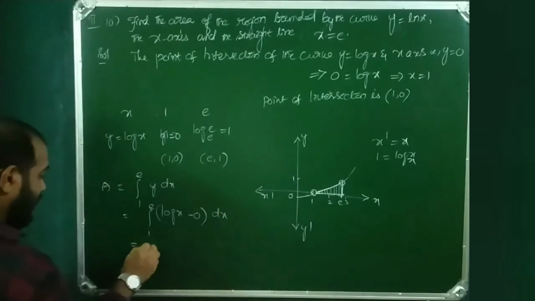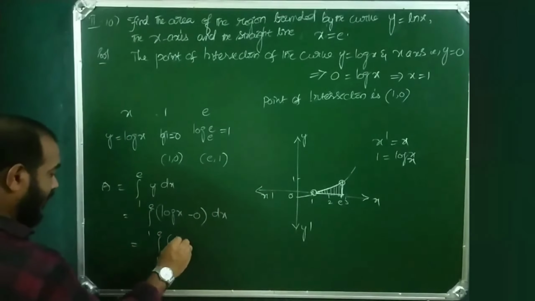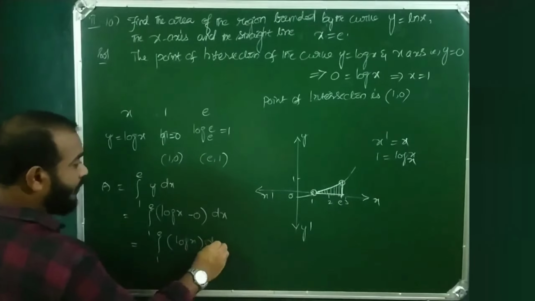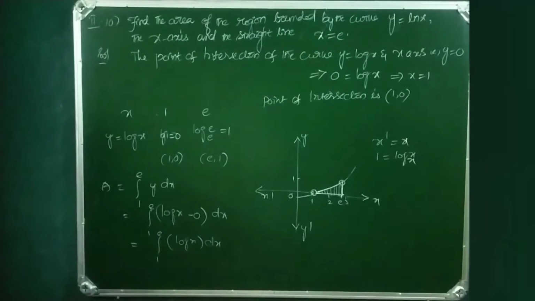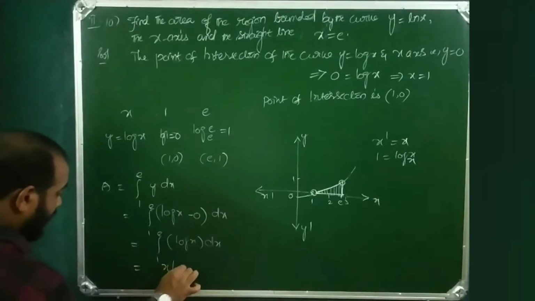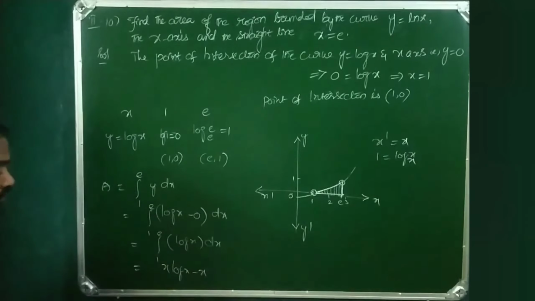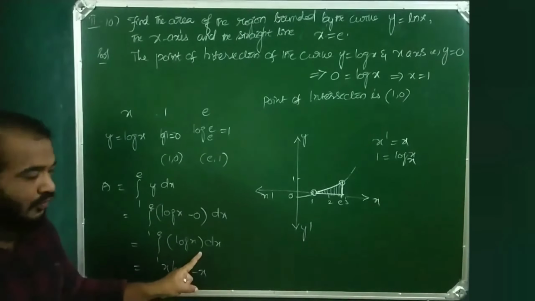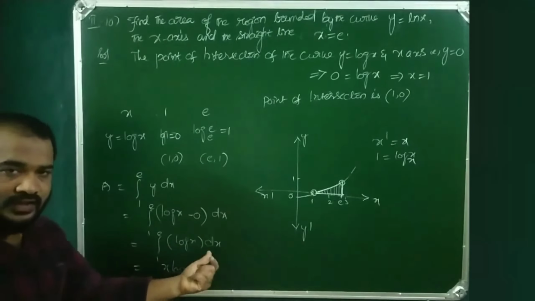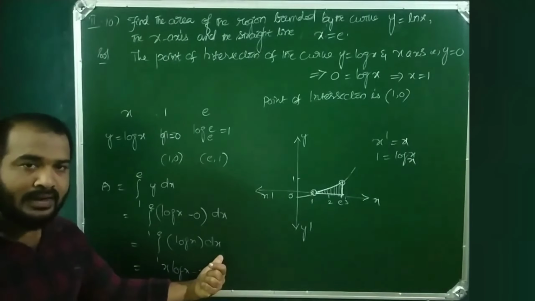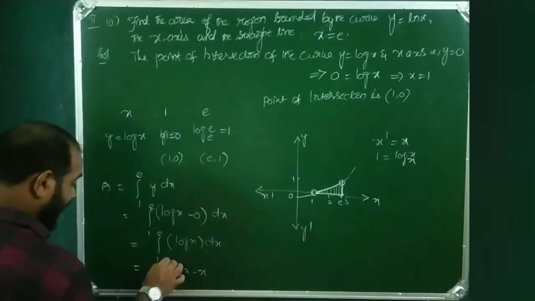This means integral 1 to e log x dx. Log x integral we know: x log x minus x. How? Log x into 1. If you take log x as first function and 1 as second function, by parts, we will get this.